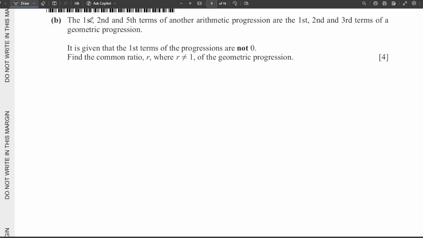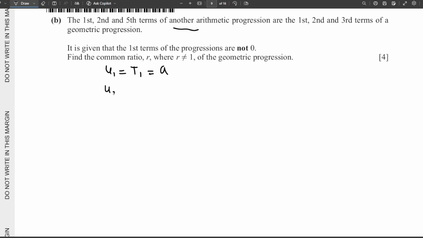5b, the first, second, and fifth terms of another arithmetic progression are the first, second, and third terms of a geometric progression. Okay, I will use u for the geometric and t for the arithmetic. So u1 is t1, the first term, so I can just use a. They share the common first term.